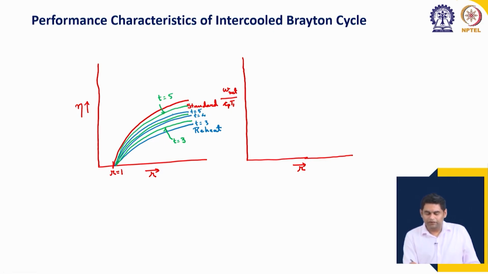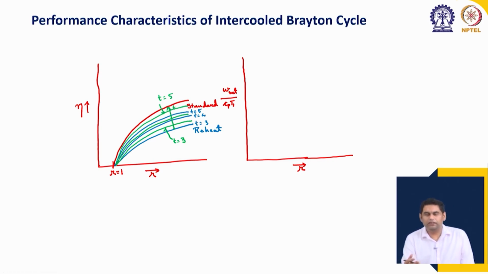But again, similar to the reheat cycle, for the intercooled cycle also the efficiency is lower than the simple Brayton cycle. It will never reach the simple Brayton cycle efficiency, but it keeps on increasing with increasing t, generally at a lower rate. So, ultimately you can never reach the efficiency of the simple Brayton cycle.